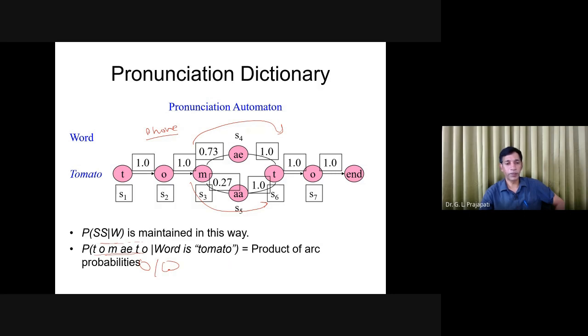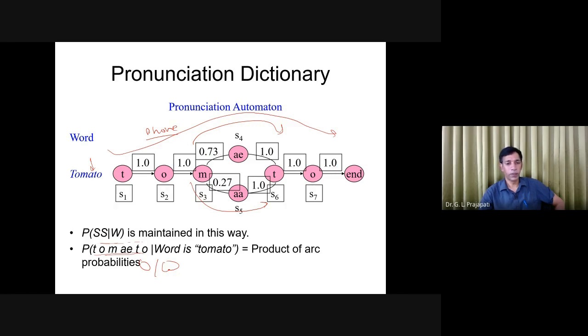You can multiply along the path. Everybody says the first part the same way, so that probability is 1, 1. But at this point somebody may say it one way, somebody another. If you follow this path, the answer is 1 into 1 into 0.73 into 1 into 1 into 1.